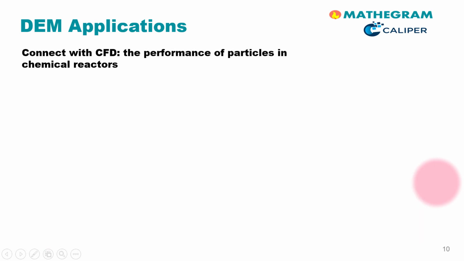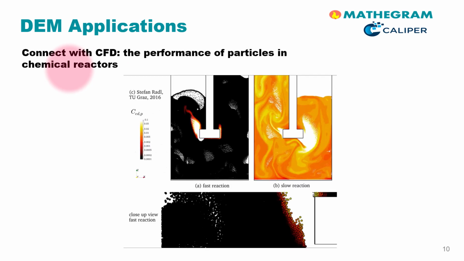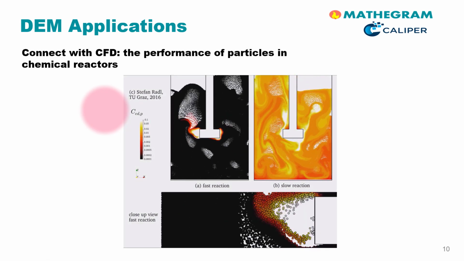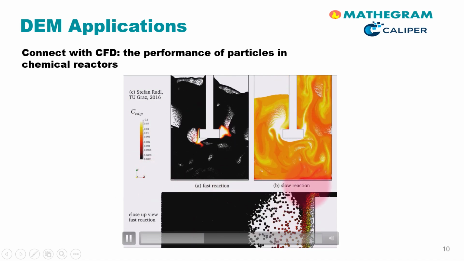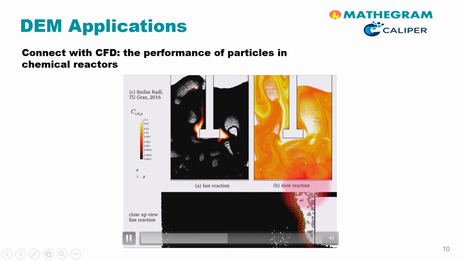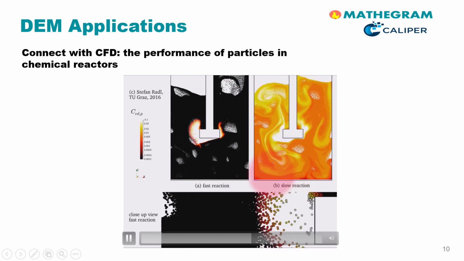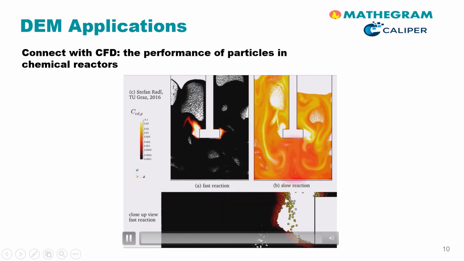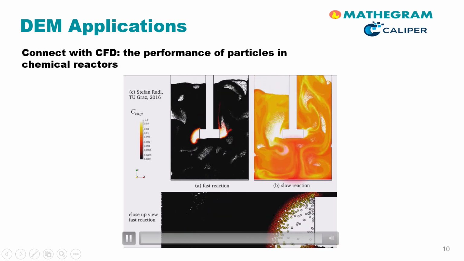We can now climb to the next level and couple the DEM to CFD. In this specific case, we also consider the concentration of a reactant in the pores of the particles. As you can see, depending on the speed of the reaction, the concentration is highly non-uniform, as you see on the left, or relatively homogeneous, as you see on the right.